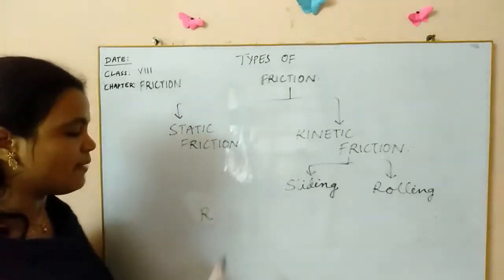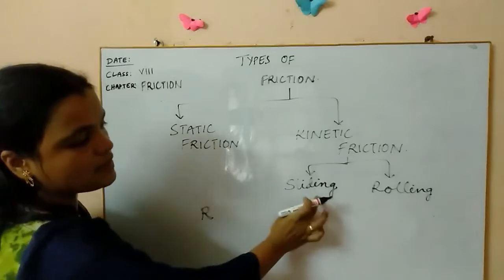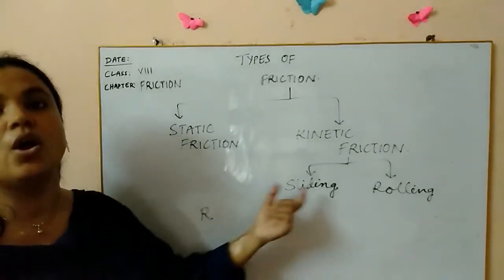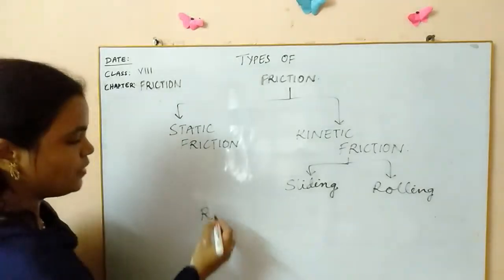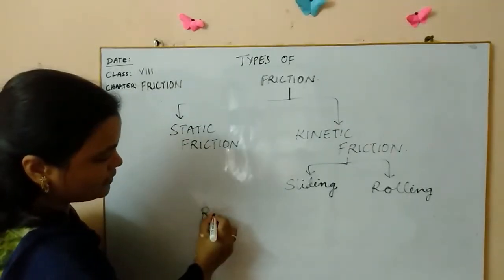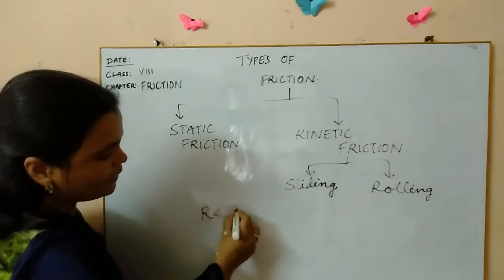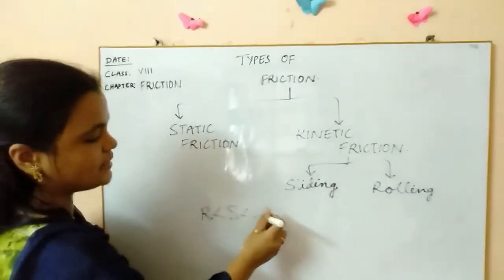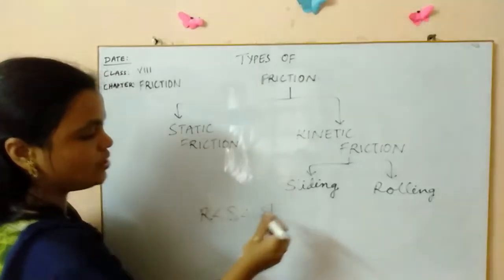So this comes first. And then comes the sliding friction, children. When compared to the static, sliding friction offers lesser friction. So rolling is lesser than sliding friction, and the sliding friction is again lesser than static friction. Okay, children?